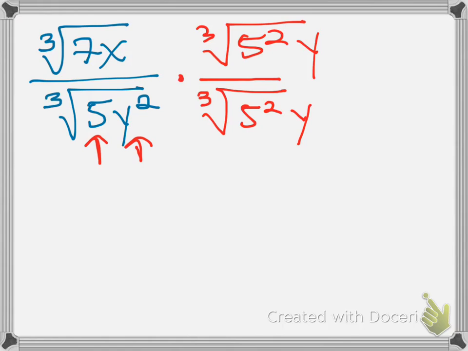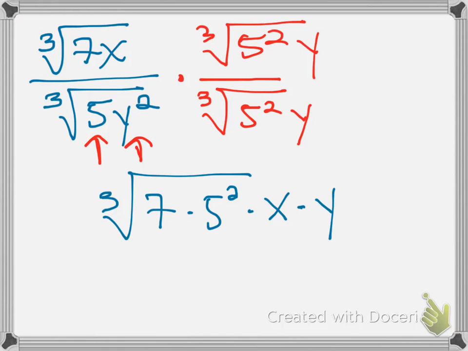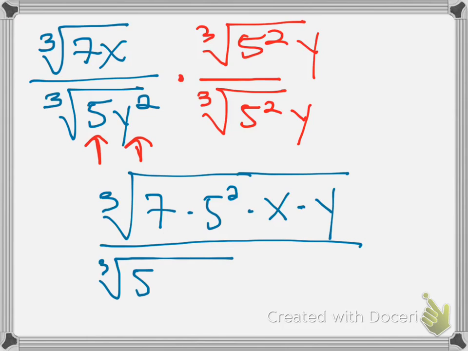Whenever you multiply two fractions together, of course you multiply the two numerators together and then the two denominators. So we're going to have the cube root of 7 times 5 squared times x times y. All that messy stuff will be in our numerator. And then in our denominator, we'll have the cube root of 5 times 5 squared times y squared times y.